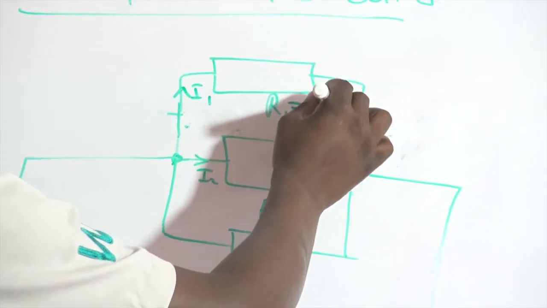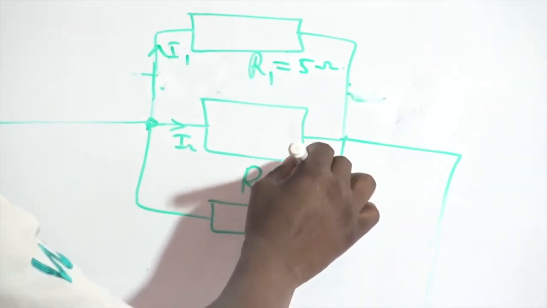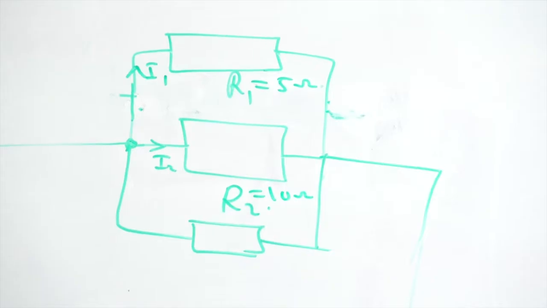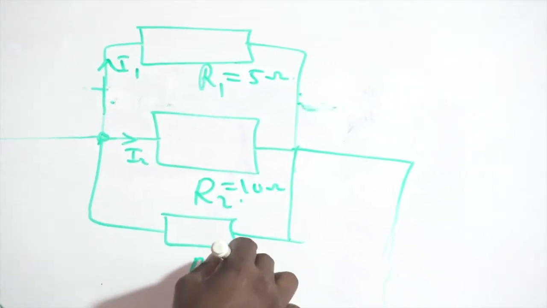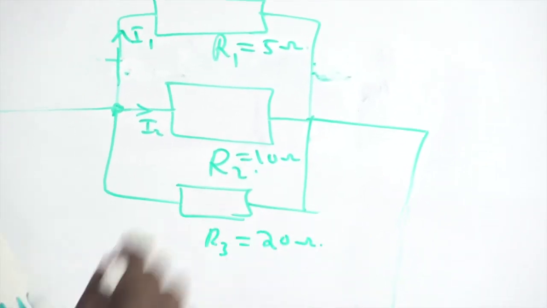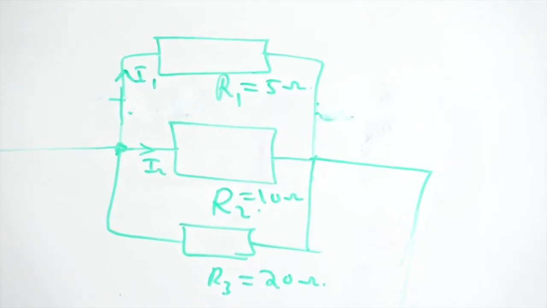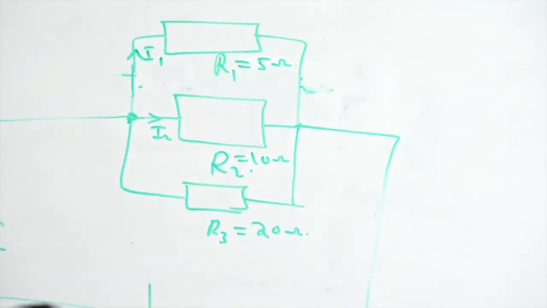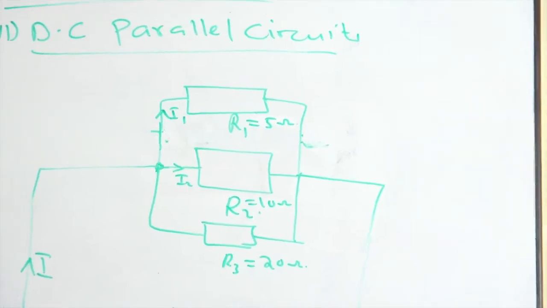Maybe this is 5 ohm, this is 10 ohm, and this is 20 ohm. And now you are being asked to calculate some problems.